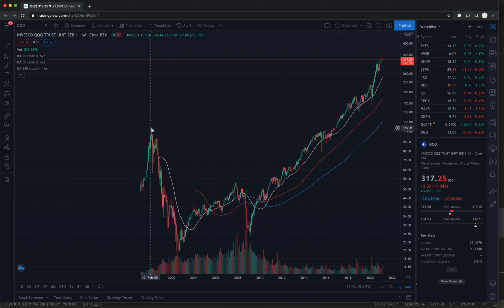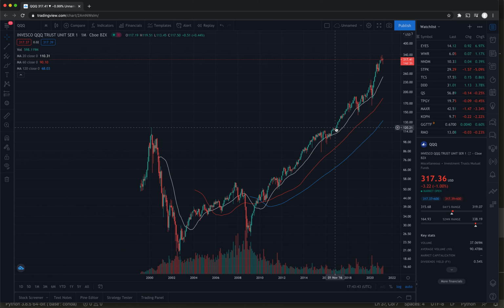The price recovered to the pre-bubble level, the highest point of the bubble, in January 2017. That's after 16 years. If you were buying and holding QQQ from 2000 to 2016, you were not really making any money in your retirement account.